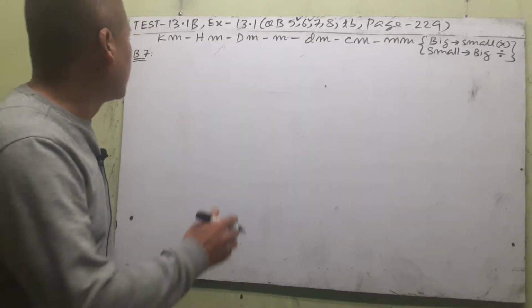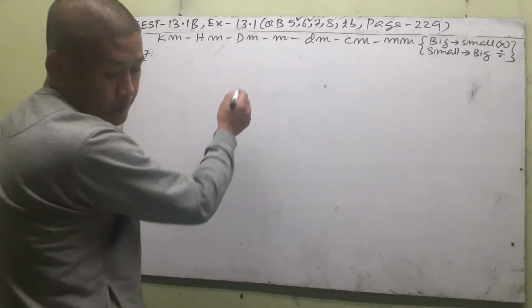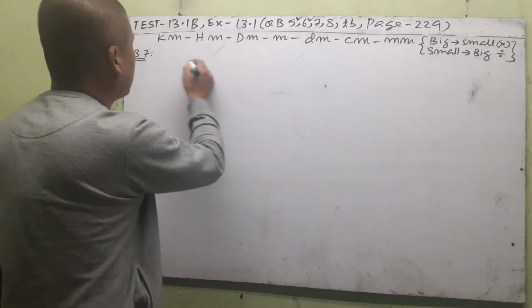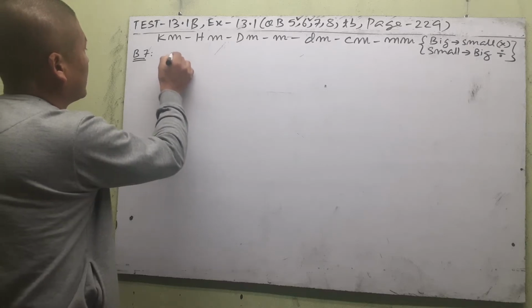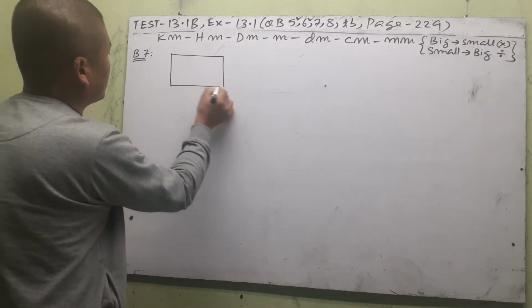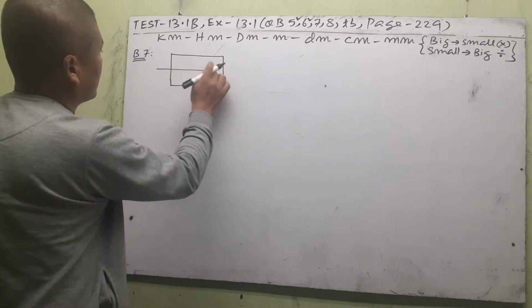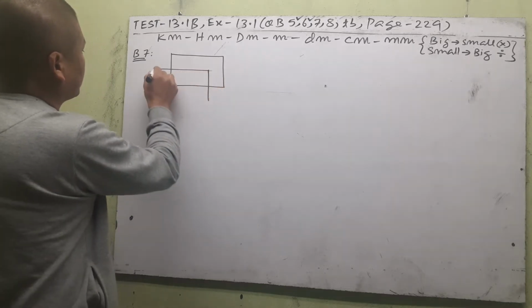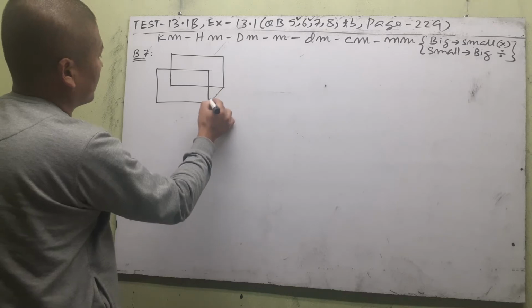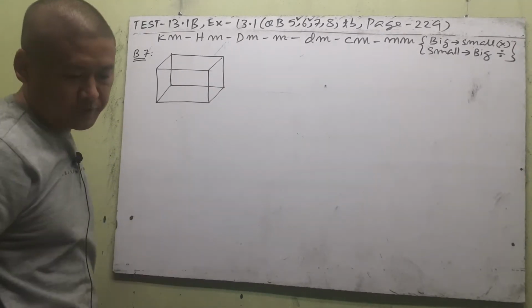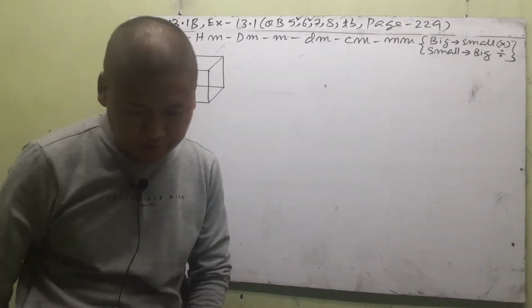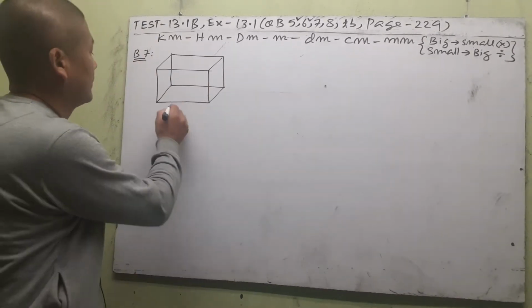Okay, let us start with the bigger box. Here one is bigger, the other is smaller. So let us suppose this is the bigger box, whose dimension is, as mentioned in the question, 25 into 20 into 5.